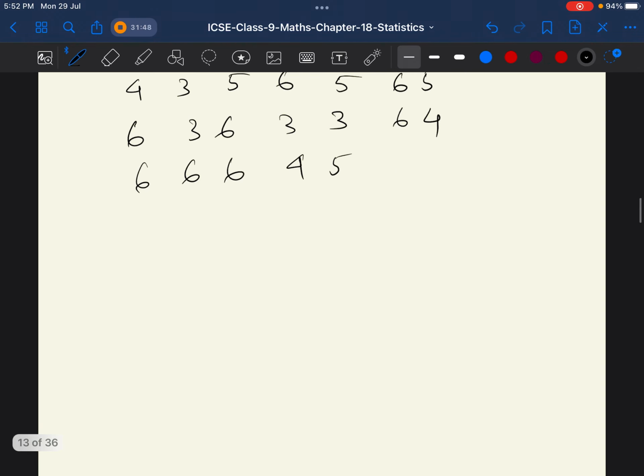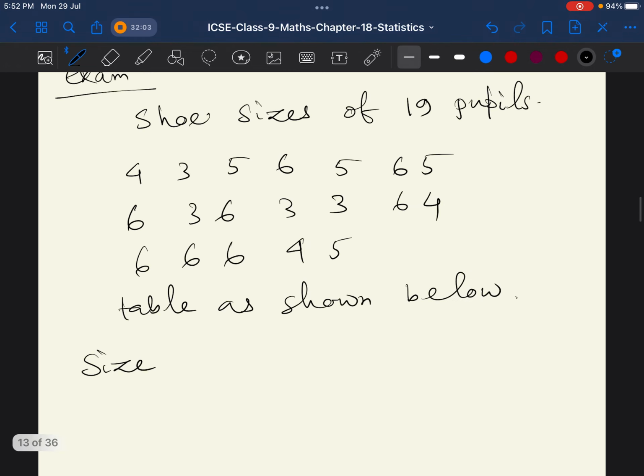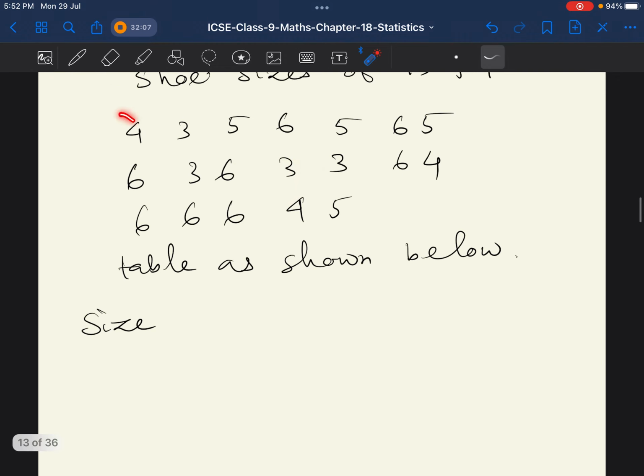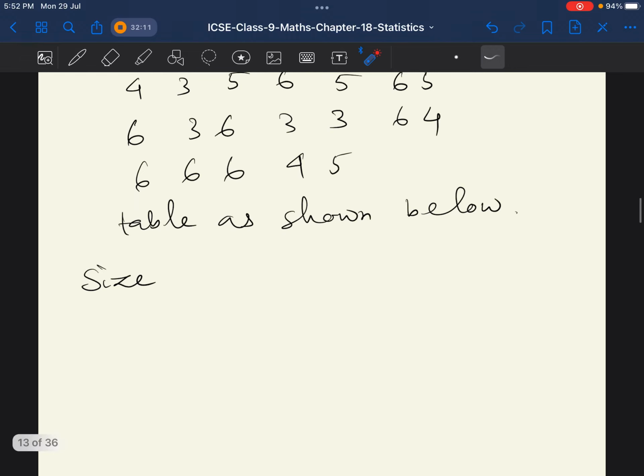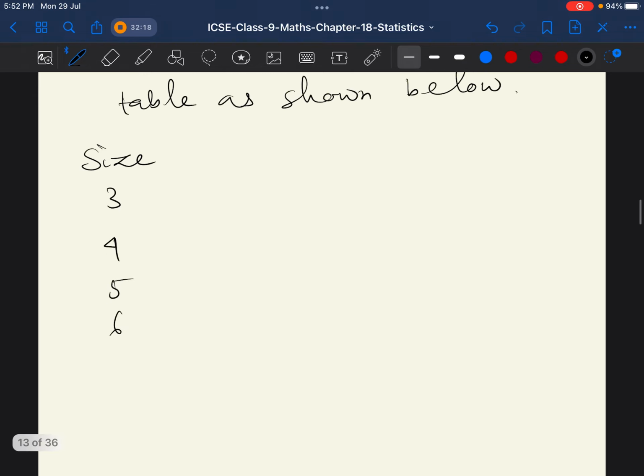So here you see a table as shown below. Here you see the size: 3, 4, 5, 6.